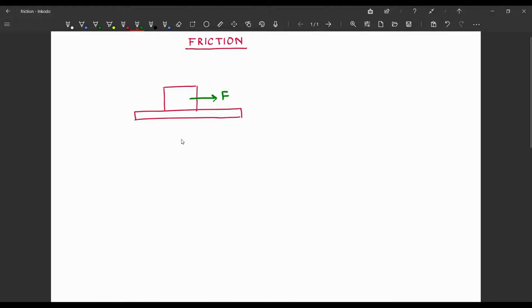Then between these contact surfaces a tangential force acts like this. This force opposes the external applied force. This tangential force is known as friction.